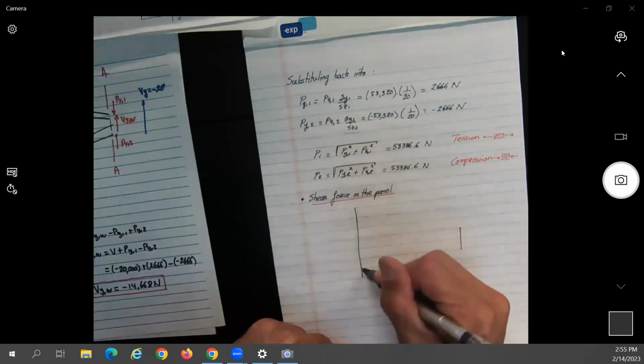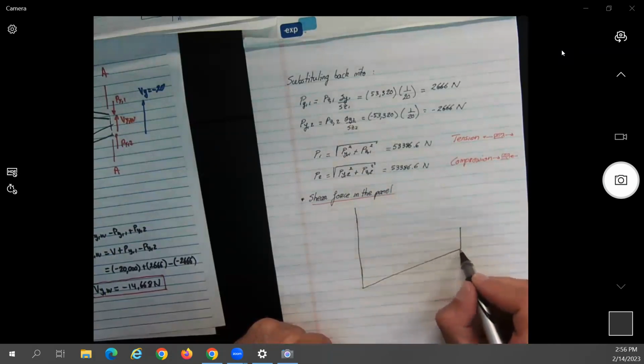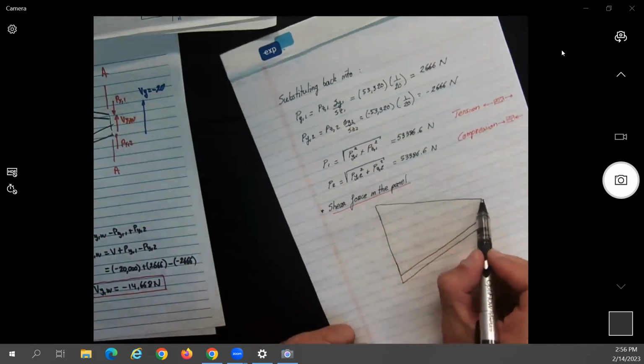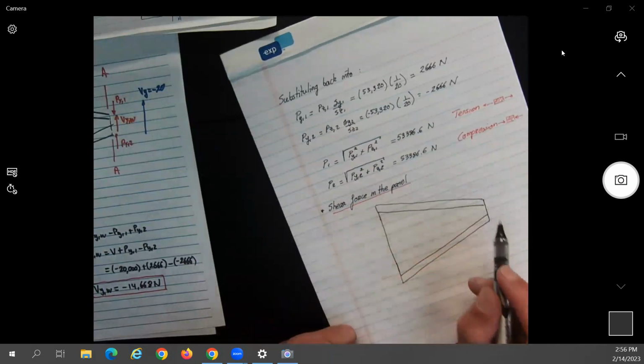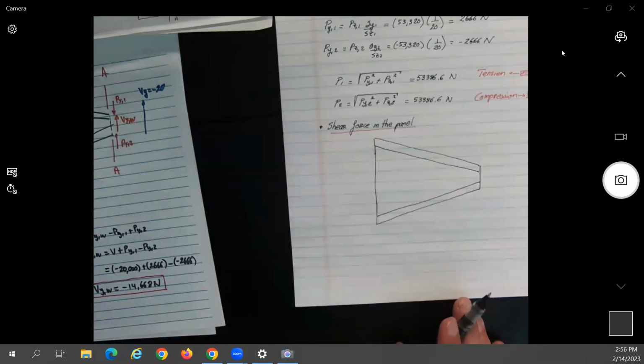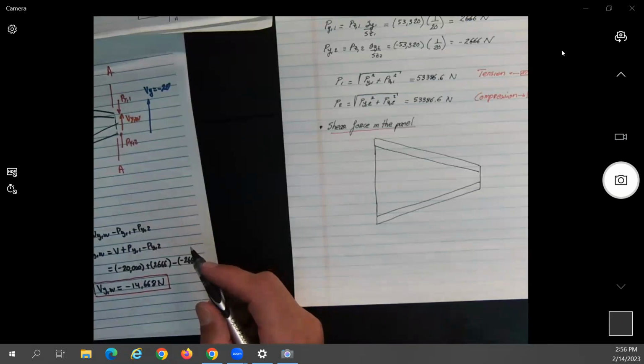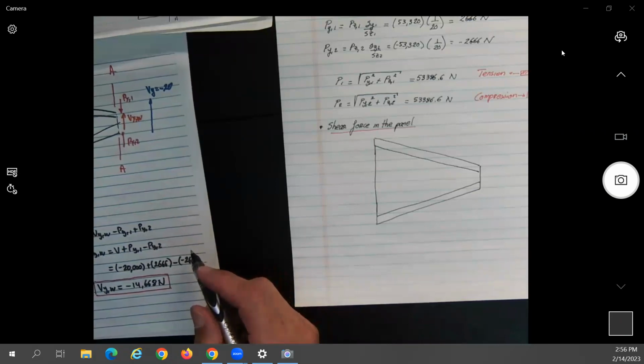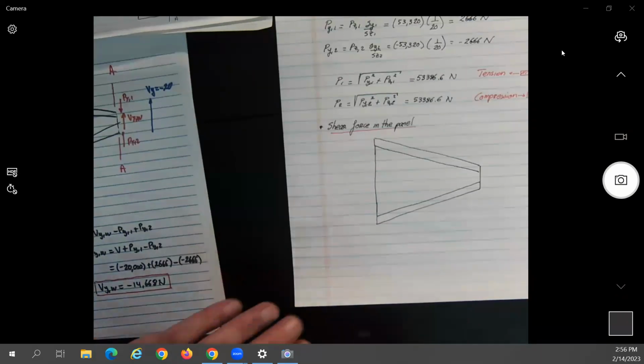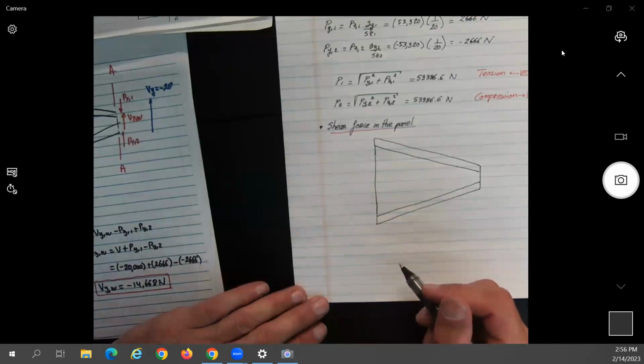Maybe I go one more on top, one more at the bottom. Okay, so maybe let's do a small figure here. I don't know. Okay, let's do it here.